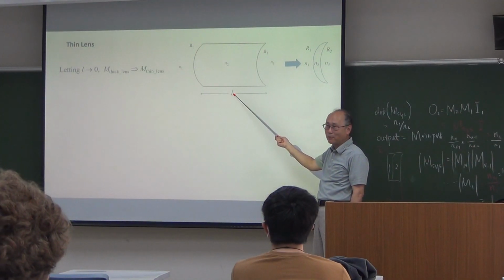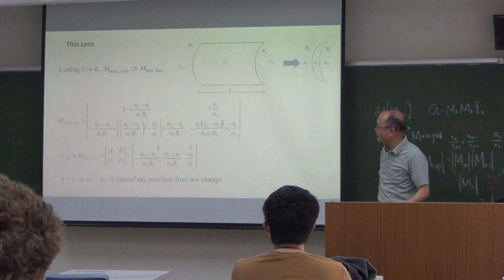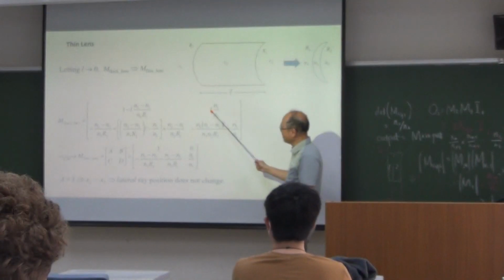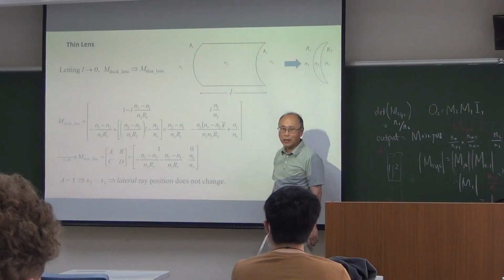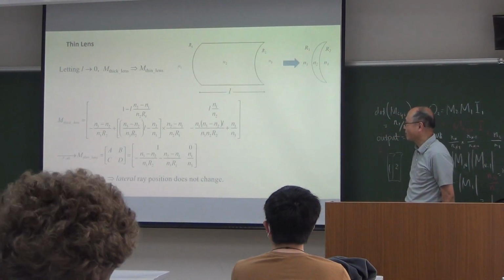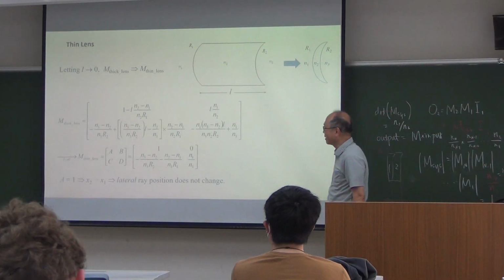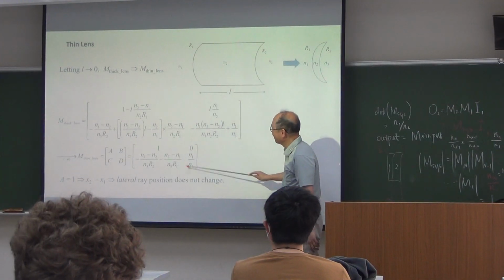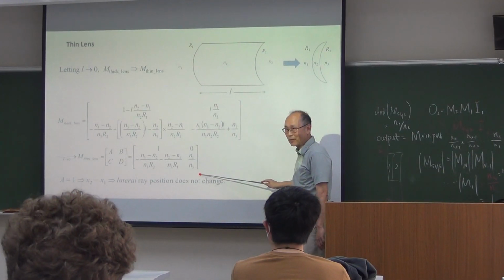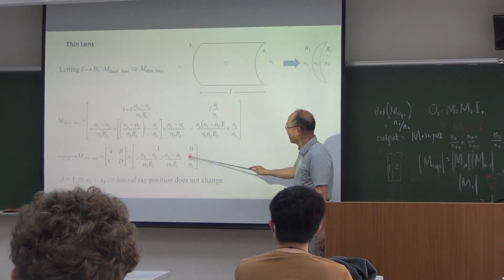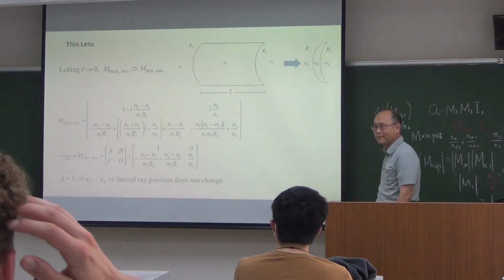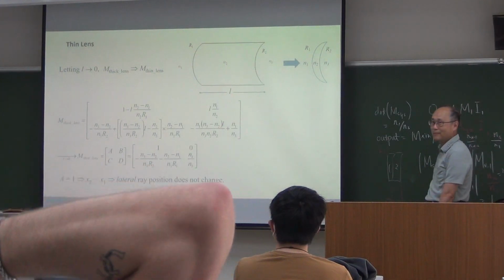Let's just skip it, so let's set this L to be equal to 0. You end up having a thin lens ABCD matrix. It's quite simplified, and you can quickly take the determinant of this, and you see that the determinant is equal to this value, consistent with this.